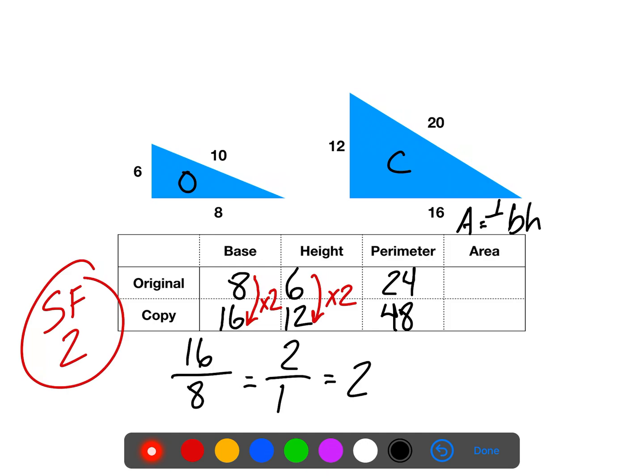We want to find half of that. And let me explain why. If I take the base times the height of our original triangle here, that's going to give me the area for a rectangle that's 6 by 8. It has a length and width of 6 and 8. All right, but I don't want that much area.